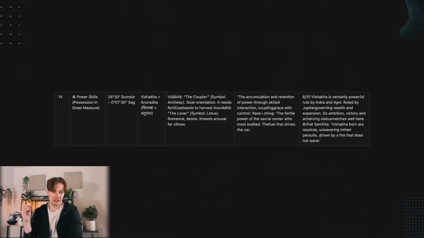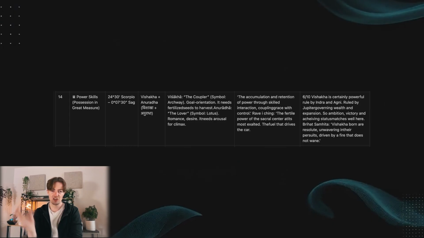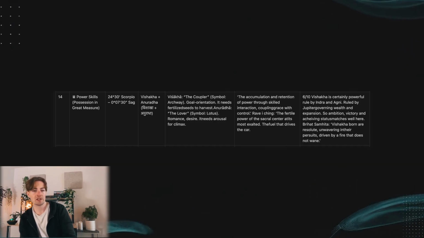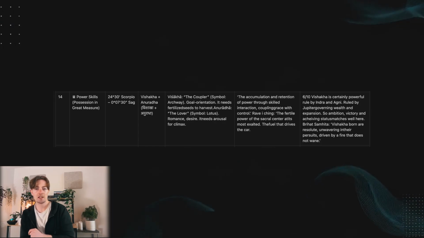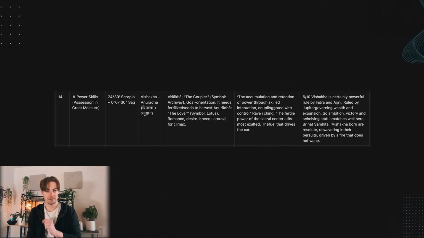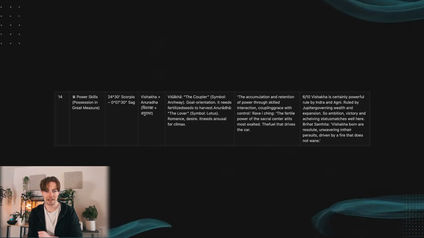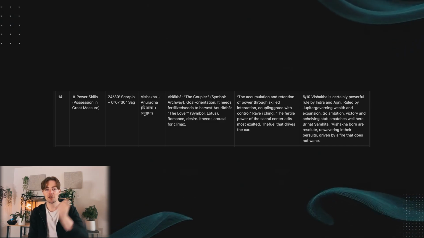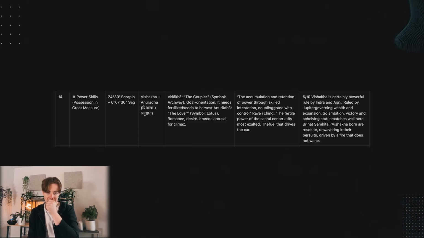So the characteristic of the human design gate, this possession in great measure, knowing what to do with resources, having powerful skills to manage your resources and to generate resources and to achieve the goals. There's a light archetypal link. I think it does pretty well. And Scorpio is very power seeking as well. Power skills does well in both Scorpio and Sagittarius.